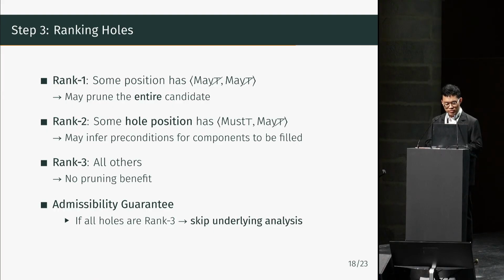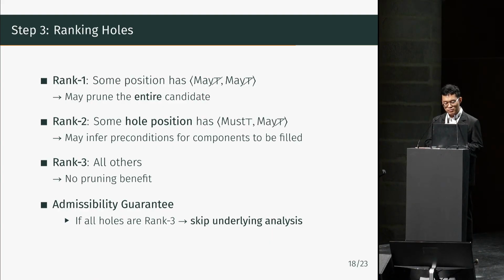Rank 1 holes are those where some position has a may not have and may not have pair. This pair is the forward result and backward result. This rank 1 evidence means we may prune the entire candidate. Rank 2 holes are those whose positions have must have and may not have.